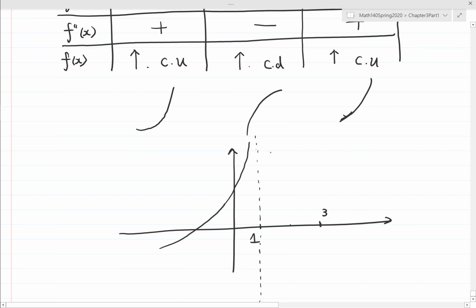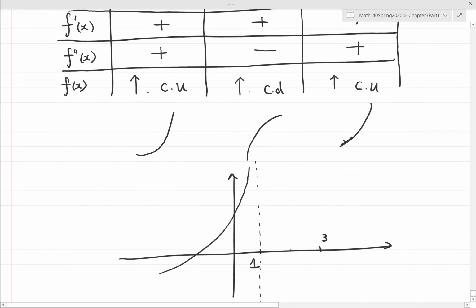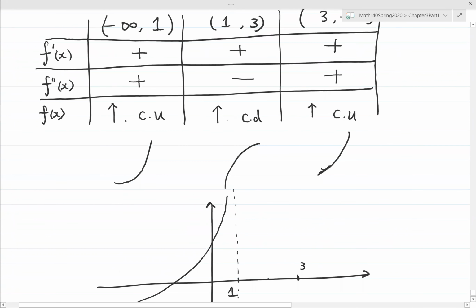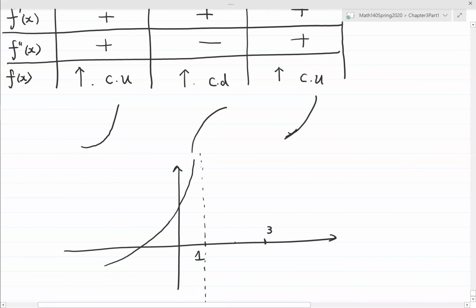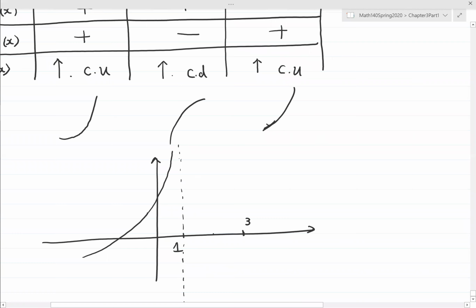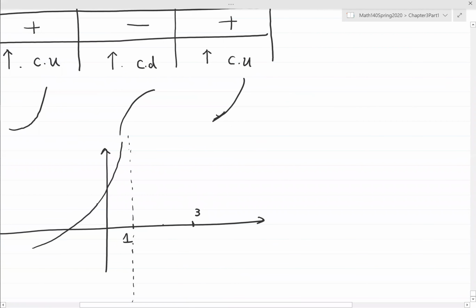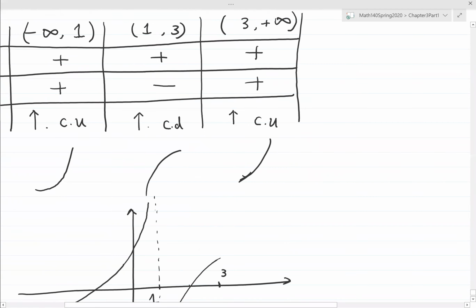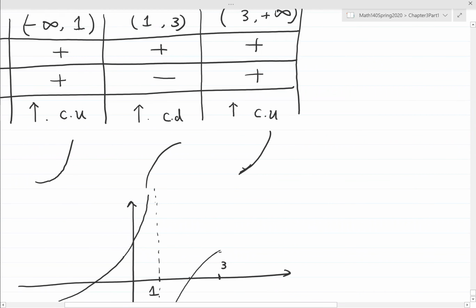And then from 1 to 3 it is increasing, concave down. Maybe we do it like this. Then from 3 to infinity, it changes to increasing, concave up.